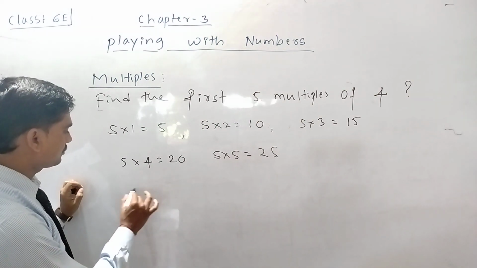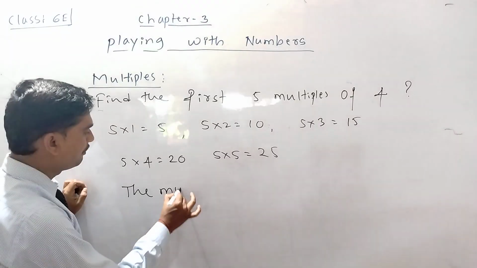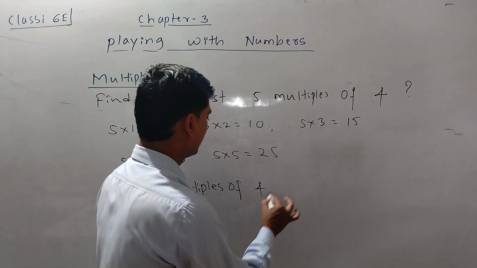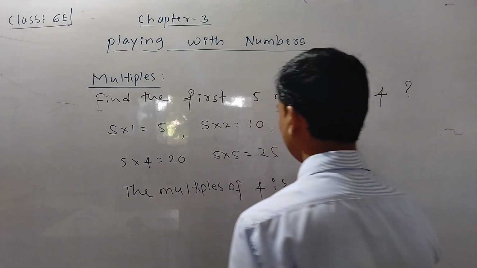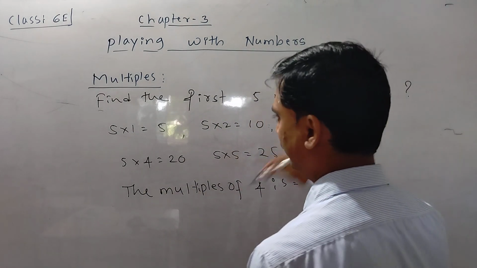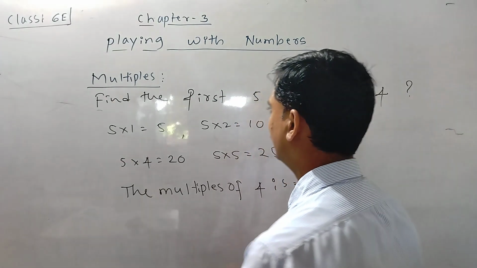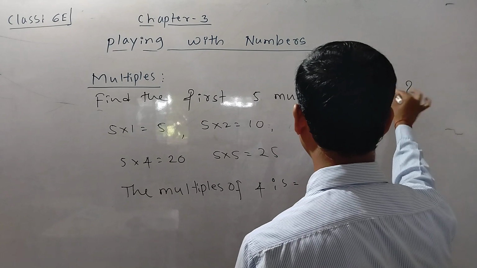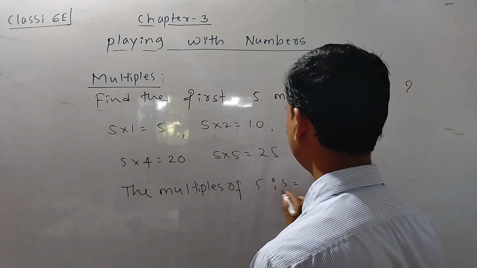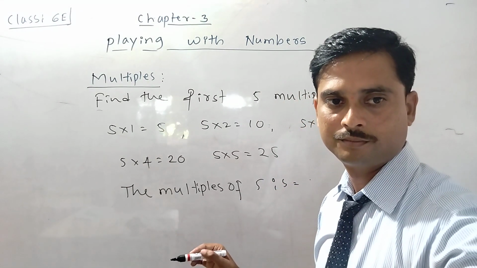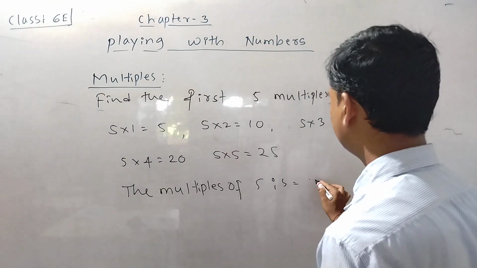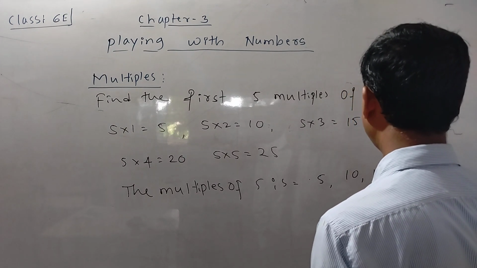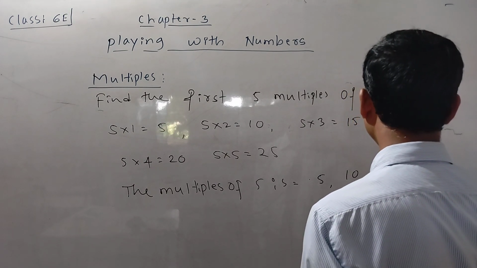Okay. Then the first 5 multiples of 5 we should write here: 5, 10, 15, 20, 25.